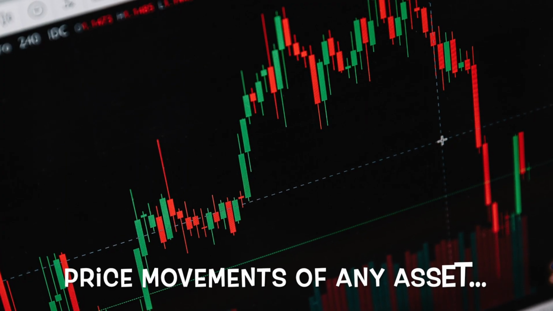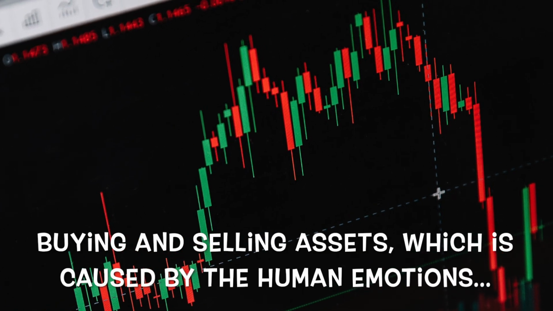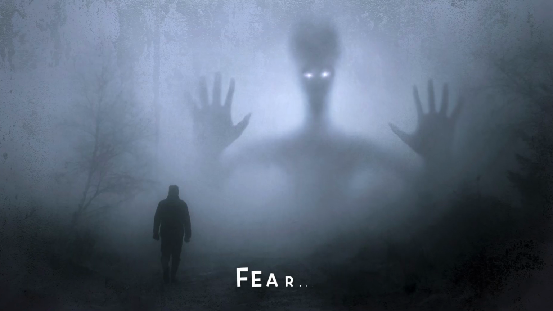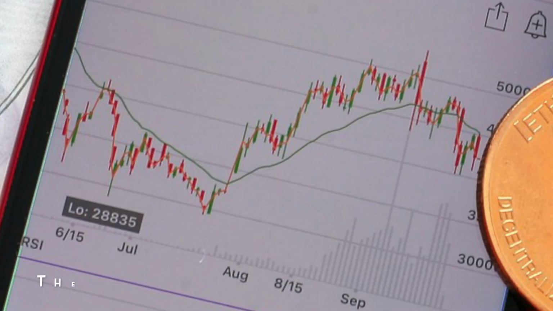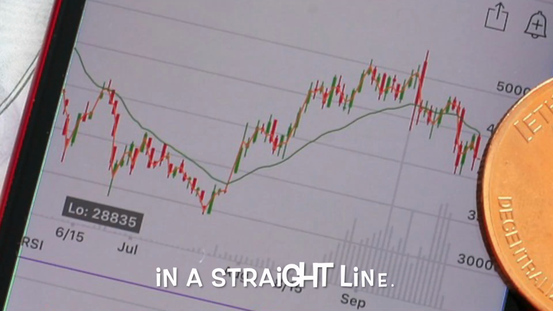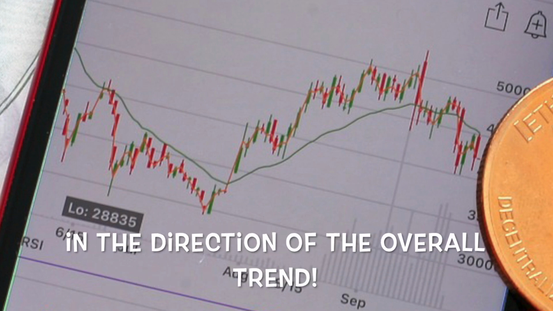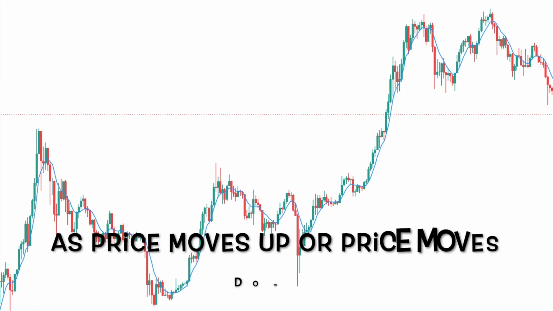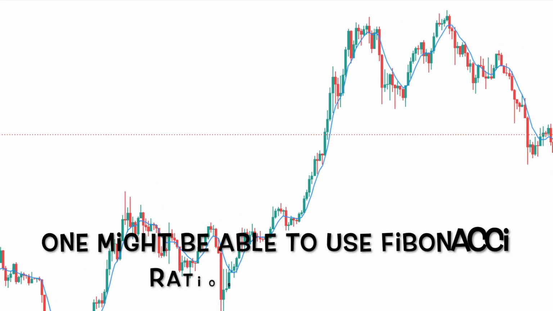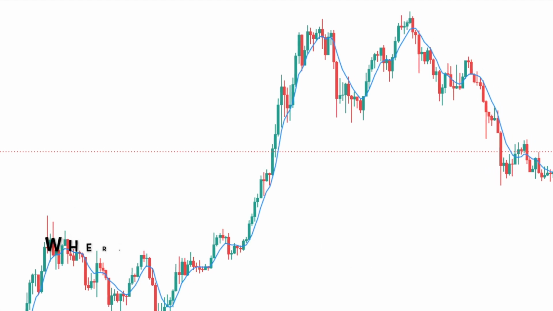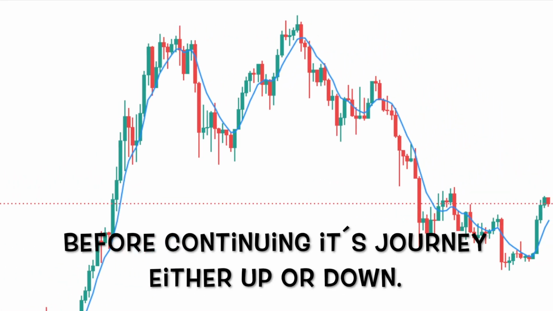Price movements of any asset are simply the result of traders buying and selling assets, which is caused by the human emotions, fear and greed. As a result, the price of an asset never moves in a straight line. Instead, it always zigzags in the direction of the overall trend. As price moves up or down for an extended period of time, one might be able to use Fibonacci ratios to predict where the price of an asset might be headed before continuing its journey either up or down.